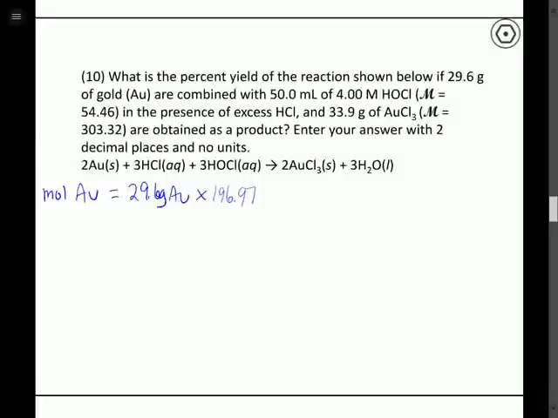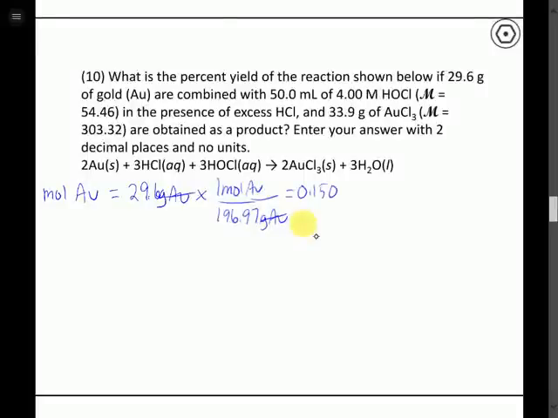We're going to divide by that because we're converting to moles. So 1 mole of gold has a mass of 196.97. So we have 0.150 moles of gold.